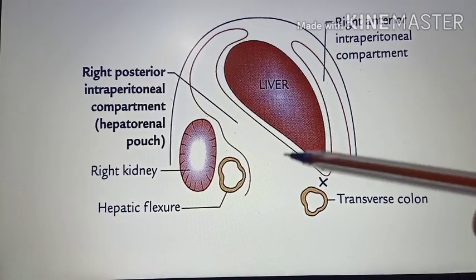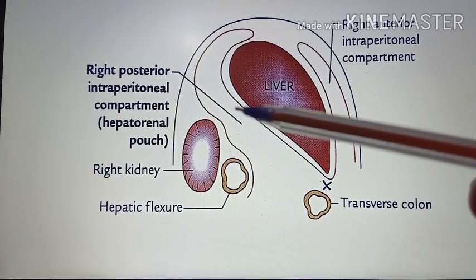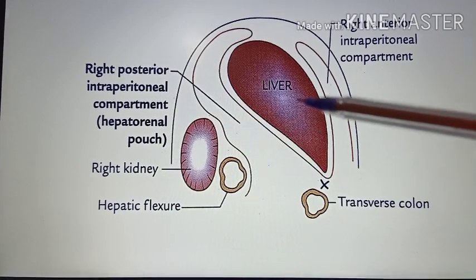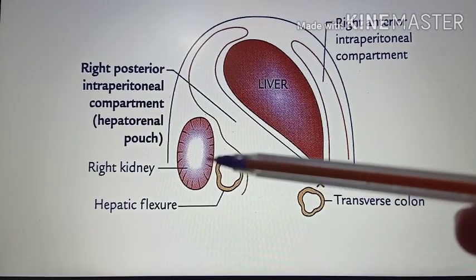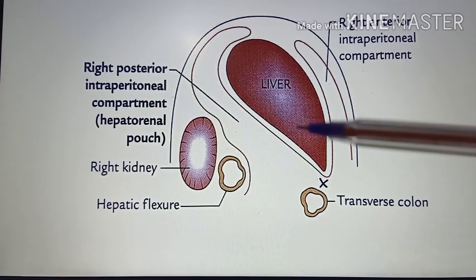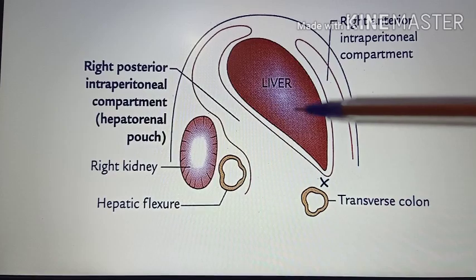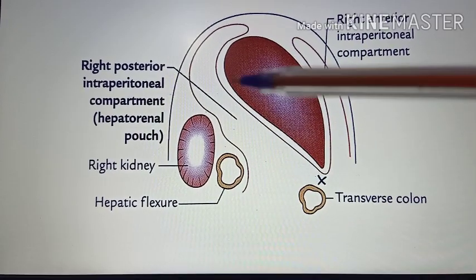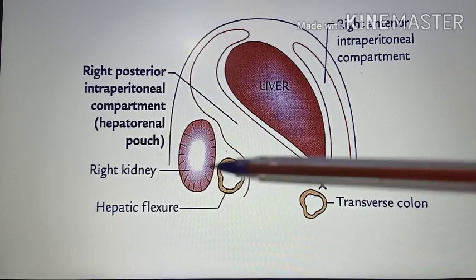This picture is shown to demonstrate Morison's pouch or the hepatorenal pouch. Here you have the liver, and this is the kidney, so it is called the hepatorenal pouch. It is situated between the posterior inferior surface of the liver and in front of the right kidney.